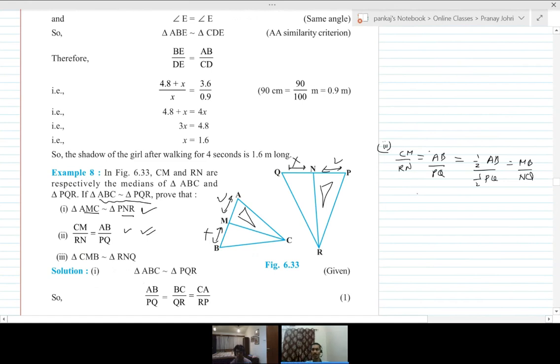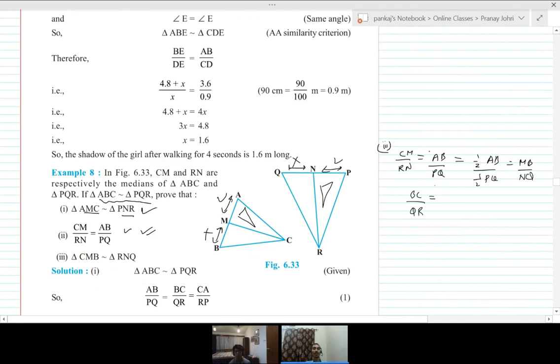How do you get that? Just repeat. In the triangle, we know that ABC is similar to PQR. So that means that BC and QR are proportional or corresponding. We can just use SAS as well.